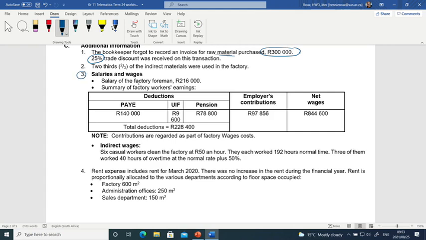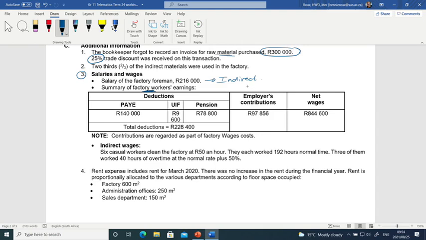The salary of the factory foreman, 216, but we know that is indirect because he is not busy making the product. Summary of the factory workers, these are the people busy making the products. The deductions given, the total deductions, employer's contribution, as well as the net wages.